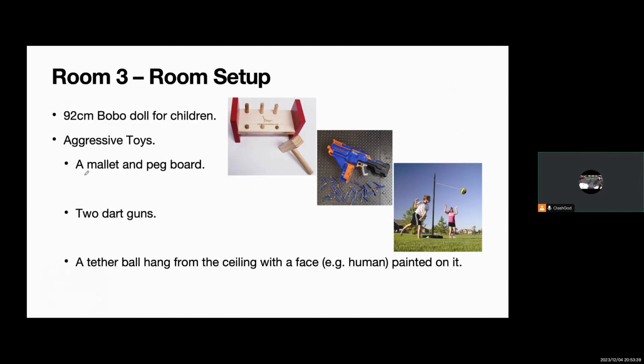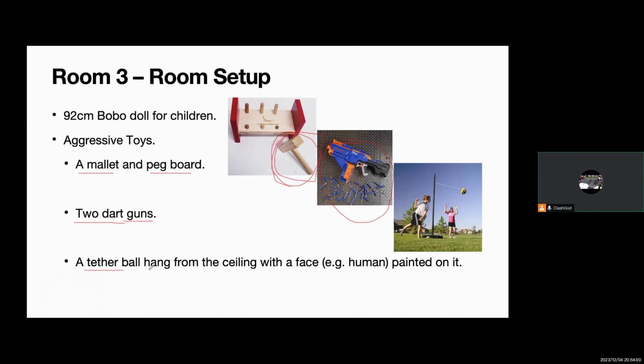For the aggressive toys, there is a gun. There are 2 dart guns, actually, like this type of Nerf gun here. There is a mallet and a pegboard. This mallet is also used to hit the bubble doll by the model, but here it is paired with a pegboard in room 3.